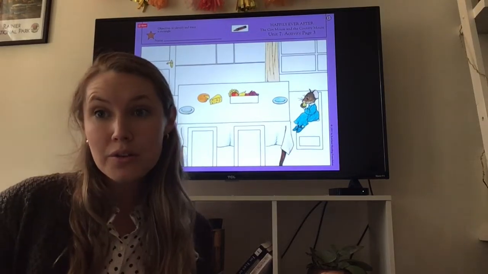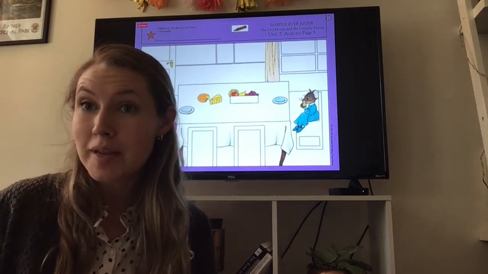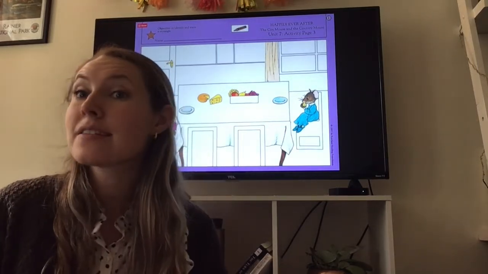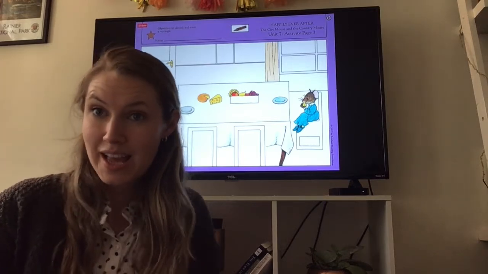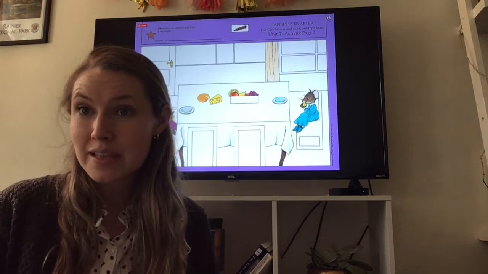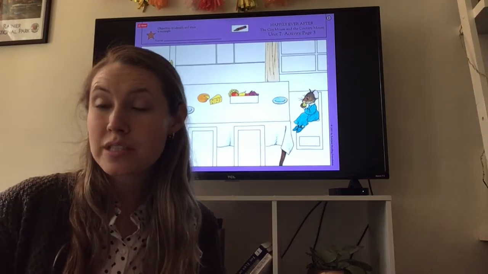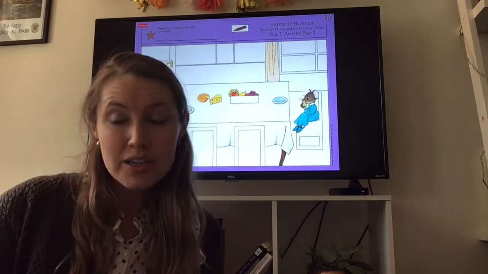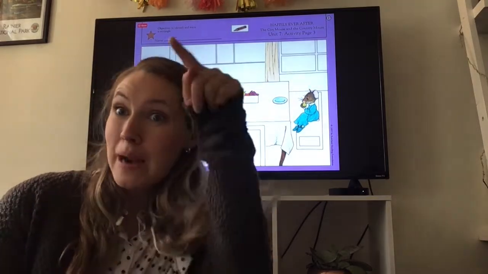So what I want you to do now is actually take a few minutes. I want you to go ahead and pause the video and find as many rectangles as you can. See if you can count them, count how many you can find in the picture, and then we're gonna do some tracing of them and talk about where they are using our position words. So go ahead and pause now.